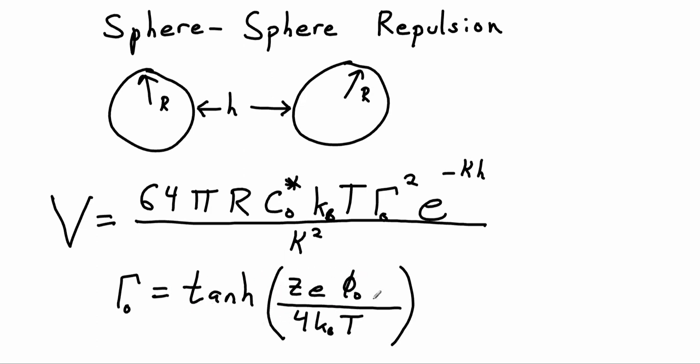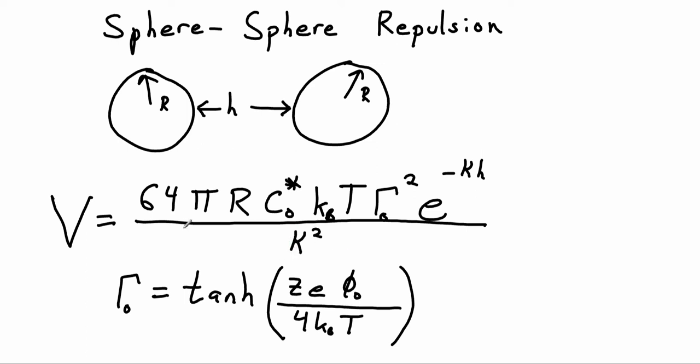It's really a measure of the balance between the electrostatic energy on top here and the random thermal energy on the bottom, telling you whether, basically if the top is much bigger than the bottom, we call it a high potential case. It means there's a lot more electrostatic energy than there is random thermal energy. Kappa, the reciprocal of the Debye length, is both in this exponential and at the bottom of the equation.